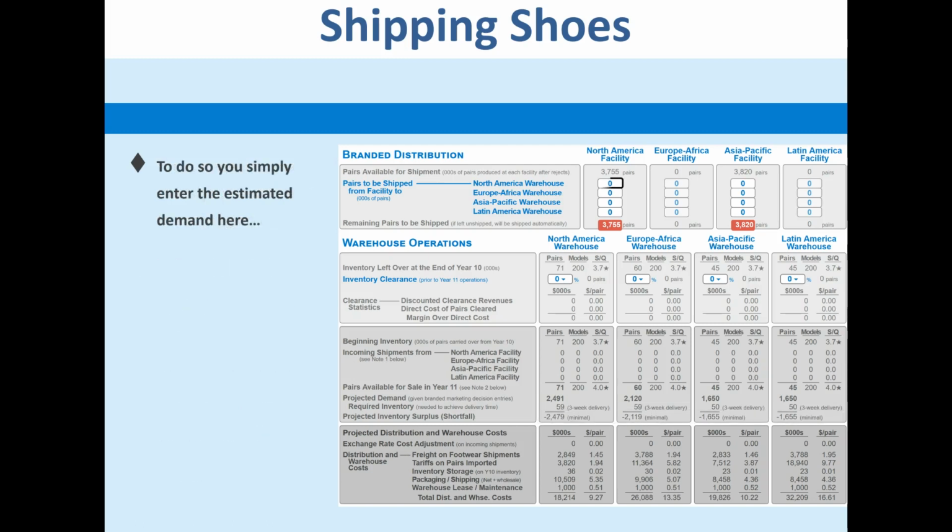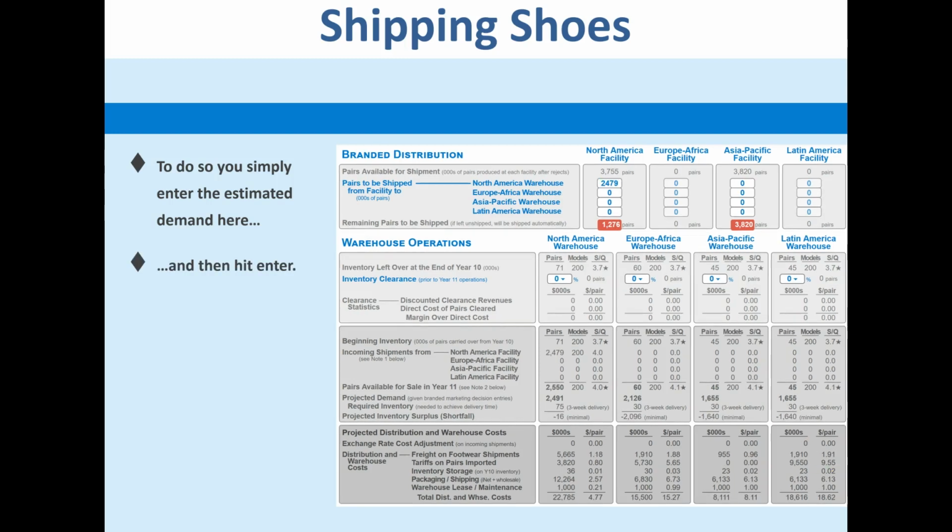Well, you simply input the amount of shoes that you want right here, and then hit enter. And you can see how this number has changed. You would continue to ship the shoes until the market demand in all regions is satisfied, in other words, until these numbers are close to 0. So this is the basics of producing and shipping.